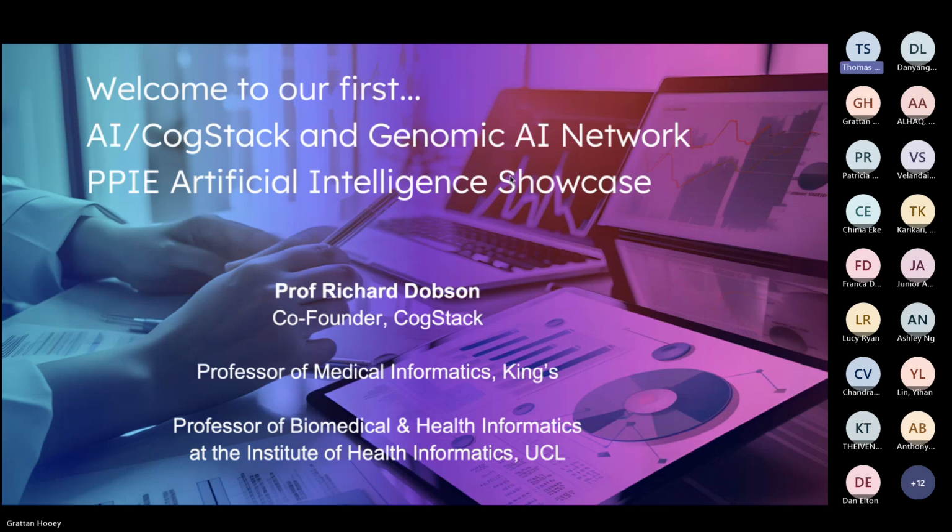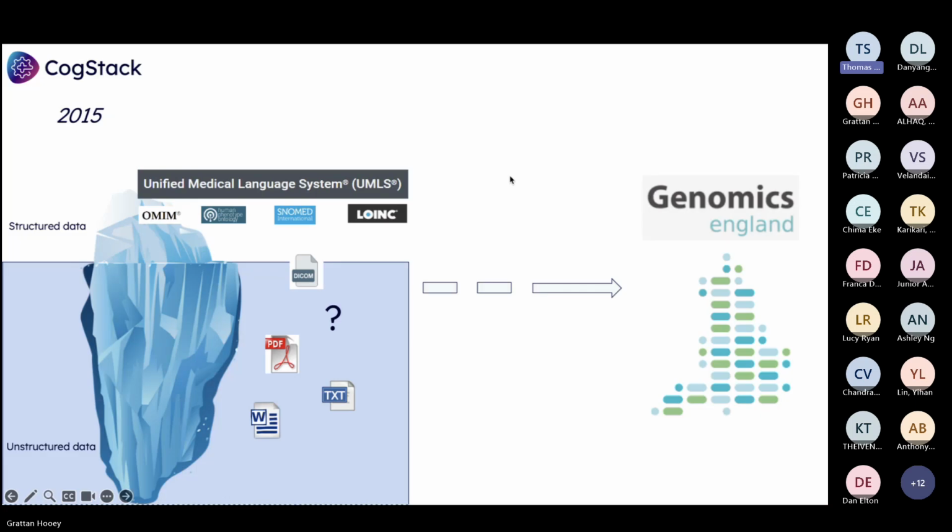So just a bit of background on CogStack, the project, and kind of why we're here today. I guess this all started around 2014-2015, with Anwar and King's College Hospital, because of the program Genomics England.